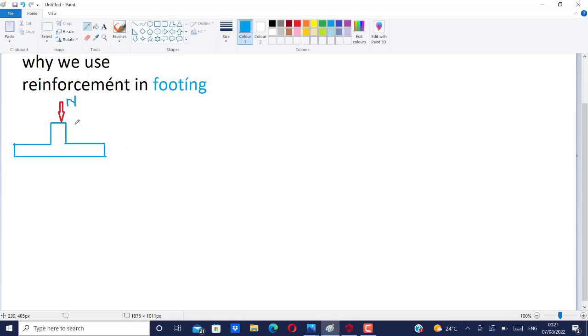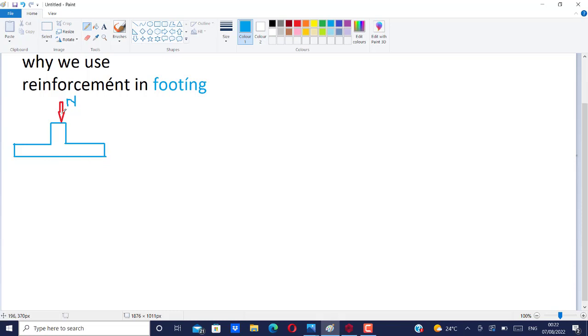So if we assume that a load N is acting on this footing, as this load is acting on this footing, the soil itself is producing an upward force that will counter this particular force so that they will be in a state of equilibrium and keep our building stable.